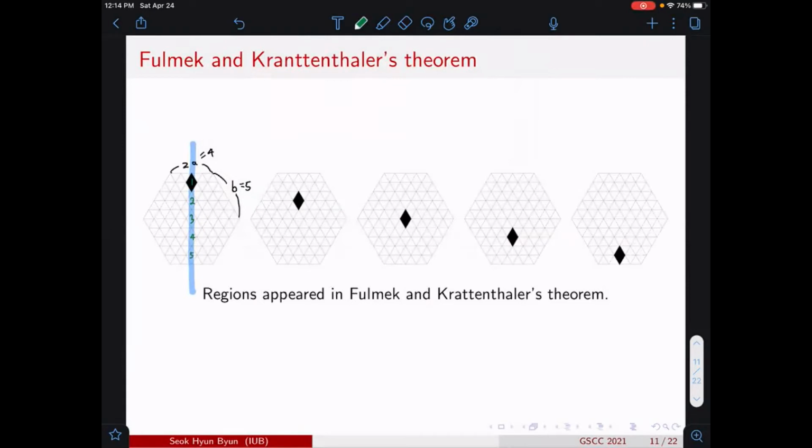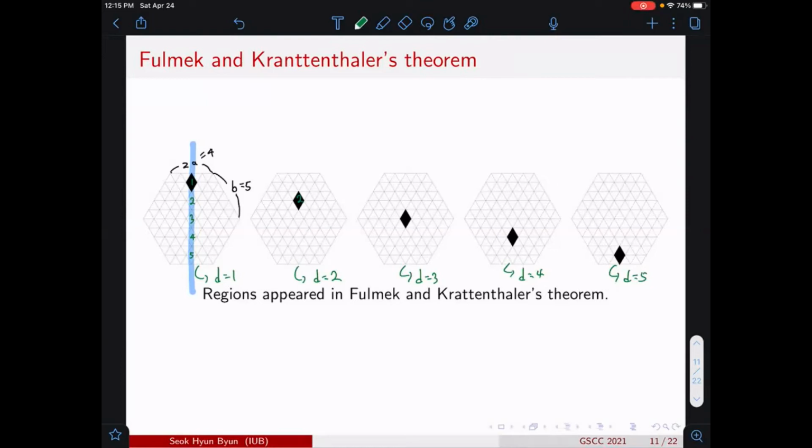So the leftmost picture is the one where I delete the topmost lozenge, so in this case, d is equal to 1. And in the second picture, d is equal to 2 because we delete the second lozenge from the top. Then d is equal to 3, d is equal to 4, d is equal to 5. So these are examples of the regions whose lozenge tilings are enumerated by Fulmek and Krattenthaler's theorem.